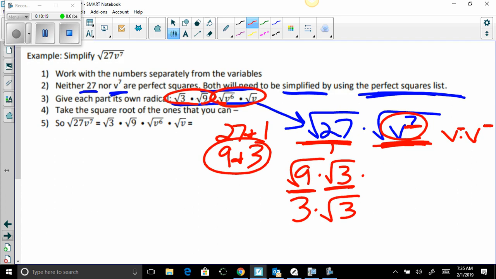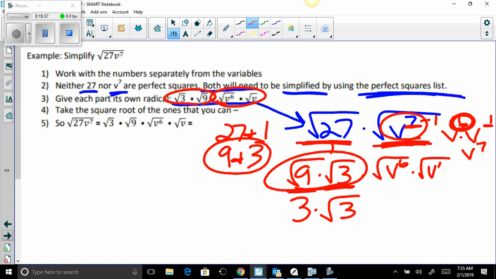So go ahead, take 1 away from this, and break it down into b6 and b1. Because b6 and b1 gives me b7, and one of them is a perfect square for a variable. So just like I did over here, I found the multiples, and one of them was a perfect square for my numbers. Over here, I found the multiples, and one of them was a perfect square for my variables.